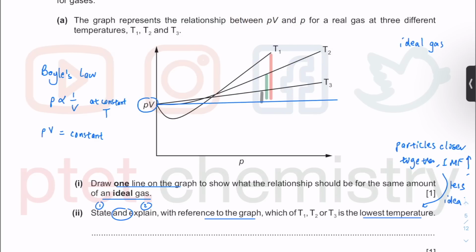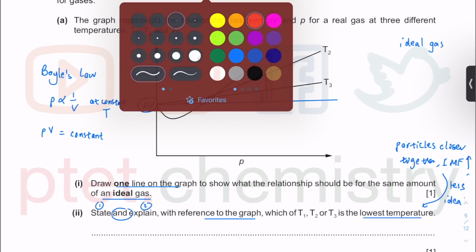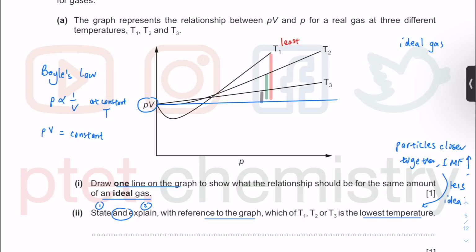The greater the deviation, the less ideal it becomes. The lowest temperature means the particles will be closest together, intermolecular force would be the strongest, and therefore it is the least ideal. The least ideal would be the red one, because that deviates the most from the ideality assumption.